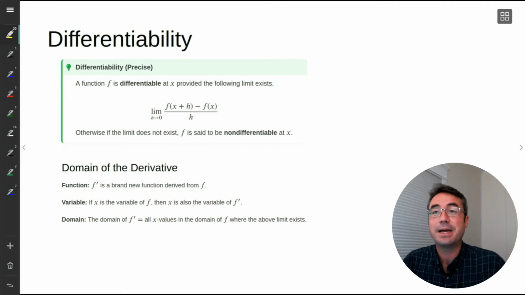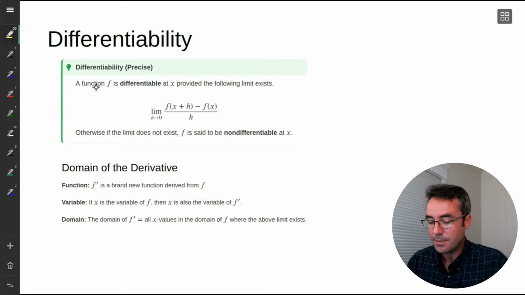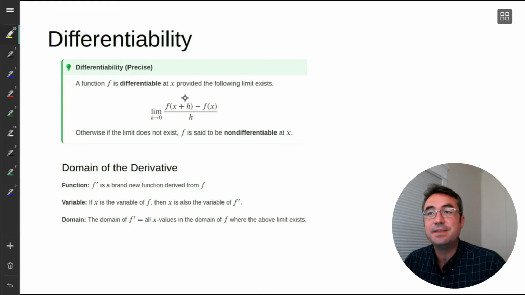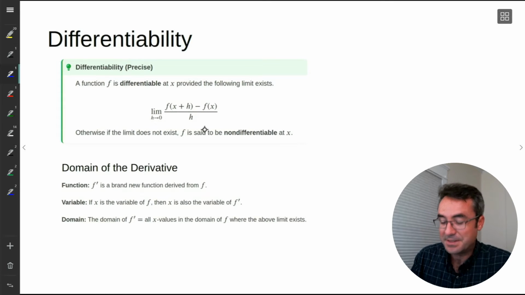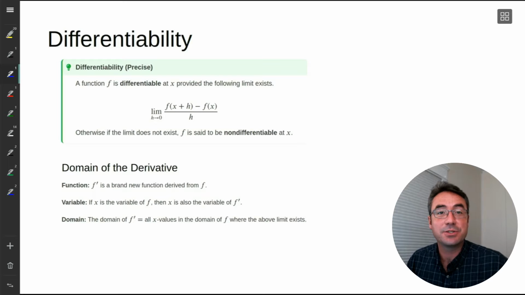First of all, what do we mean by differentiable? We say a function f is differentiable at location x provided this limit exists. The limit as h goes to 0 of f of x plus h minus f of x, all over h. We've seen this limit before. This is a special limit, and if this limit exists, we give it a special name.